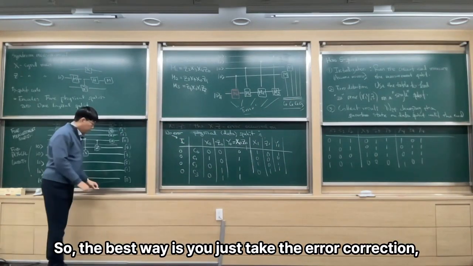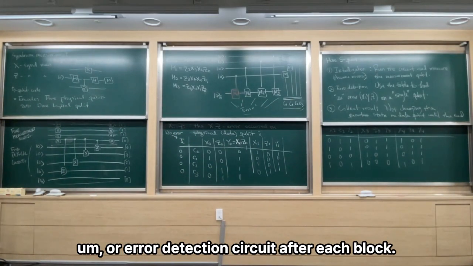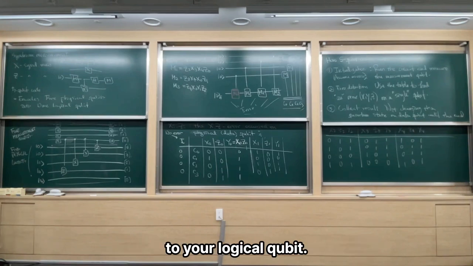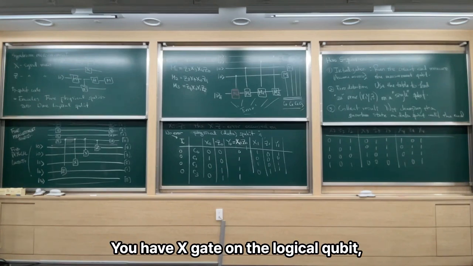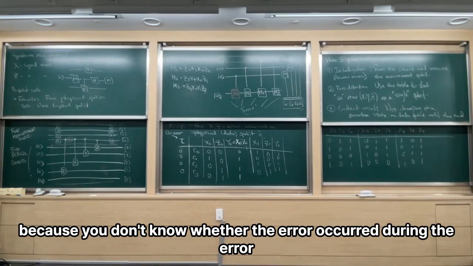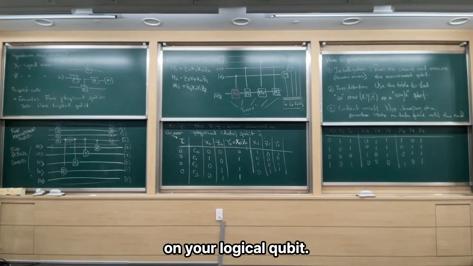Okay. So the best way is you just take the error correction or error detection circuit after each block. So for example, you have an X gate applied to your logical qubit. And then you take the error detection block because you don't know whether the error occurred during the application of the X gate on your logical qubit.